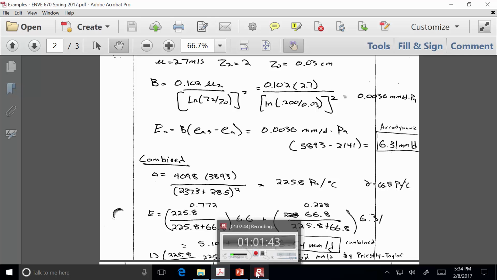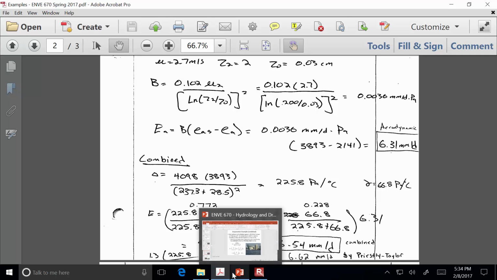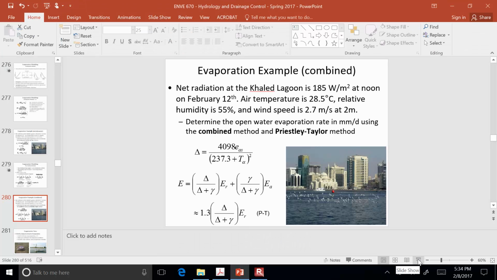So, okay, that's a glimpse at how you can use environmental data to predict what evaporation will be. But what we've been talking about here is evaporation of free surfaces of water. Water doesn't leave the Earth's surface only from free surfaces. It also leaves from evaporation from soil.